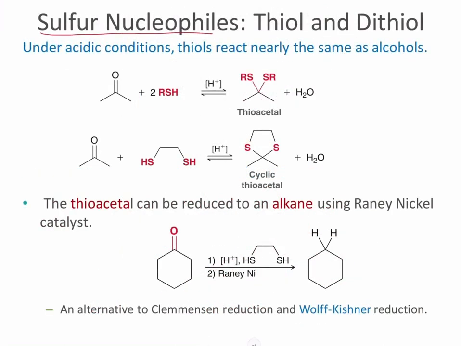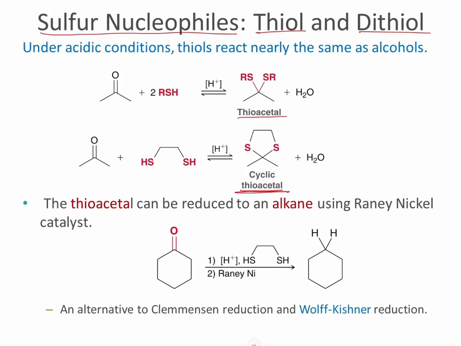Sulfur nucleophiles also react in the same format like alcohols and diols. For example, a thiol will form a thioacetal, a dithiol will form a cyclic thioacetal. Cyclic thioacetals can also be used as protecting groups.